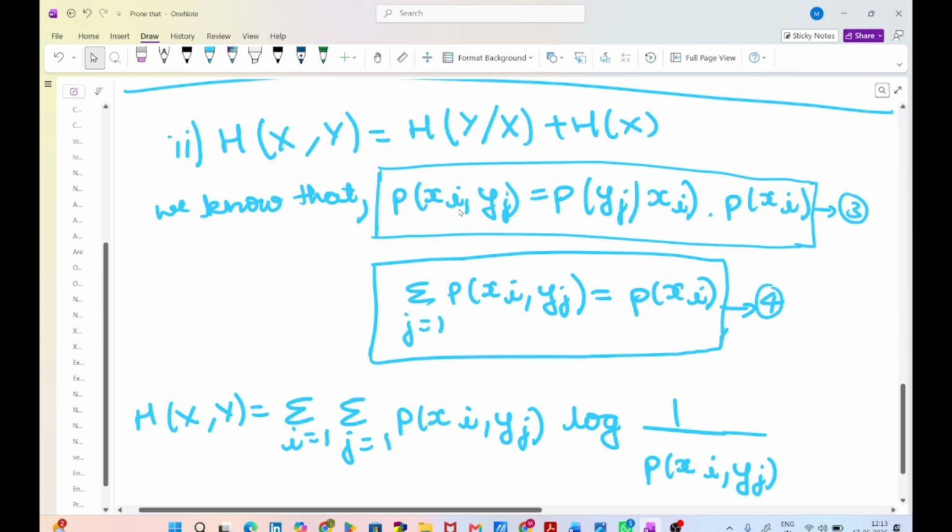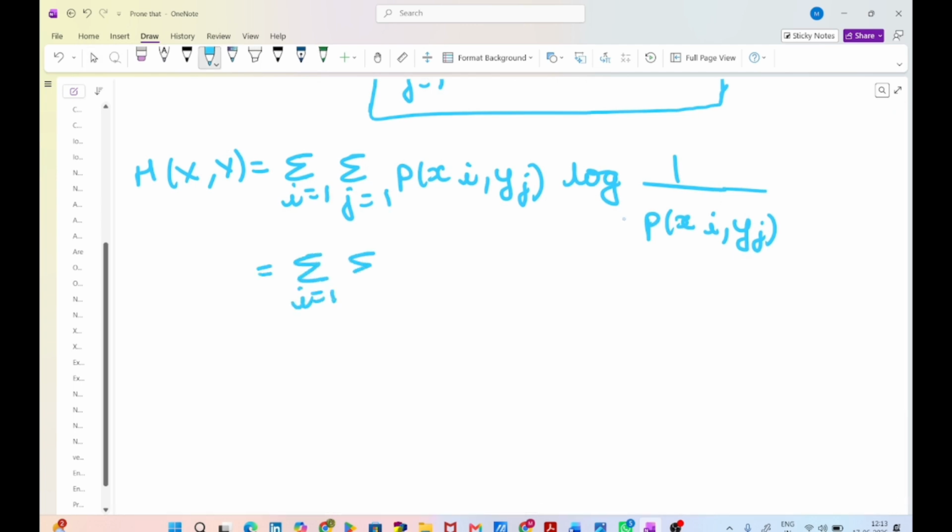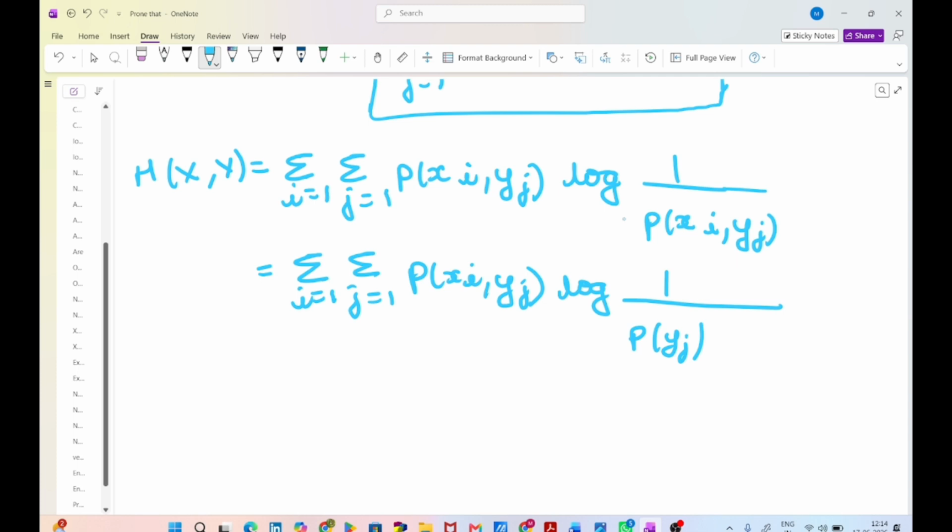And from equation 3 we can write p(xi, yj) as p(yj|xi) into p(xi). Summation over i, j of p(xi, yj) log of 1 by p(yj|xi) into p(xi).